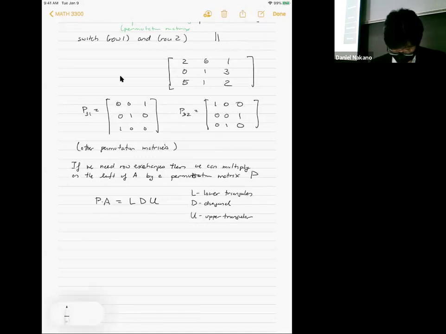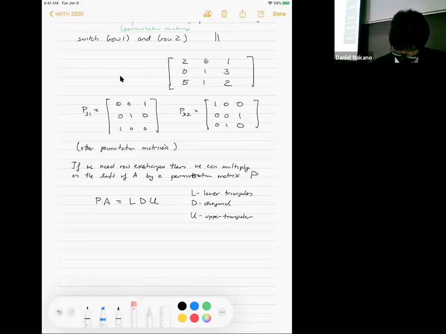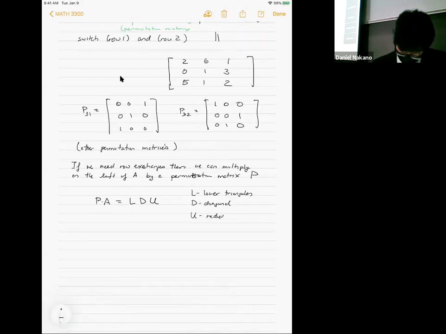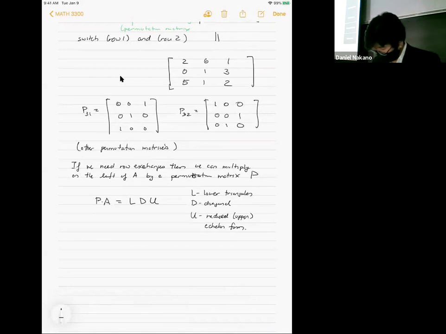Sorry, that's not right. It's in row echelon form, but reduced; this is the reduced upper echelon form. Okay, good.